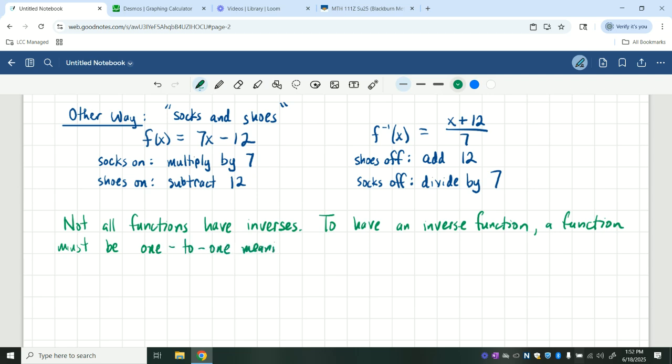Meaning, for every y, there's exactly 1 x, and for every x, there's exactly 1 y.